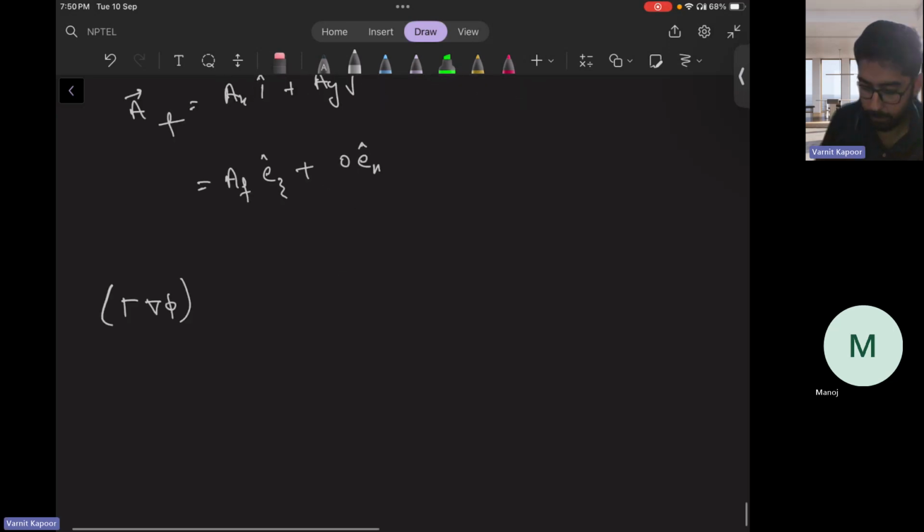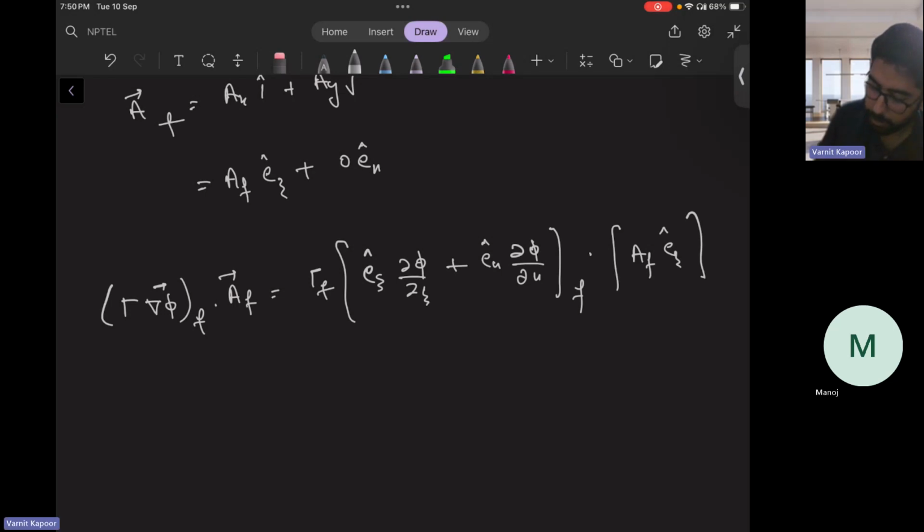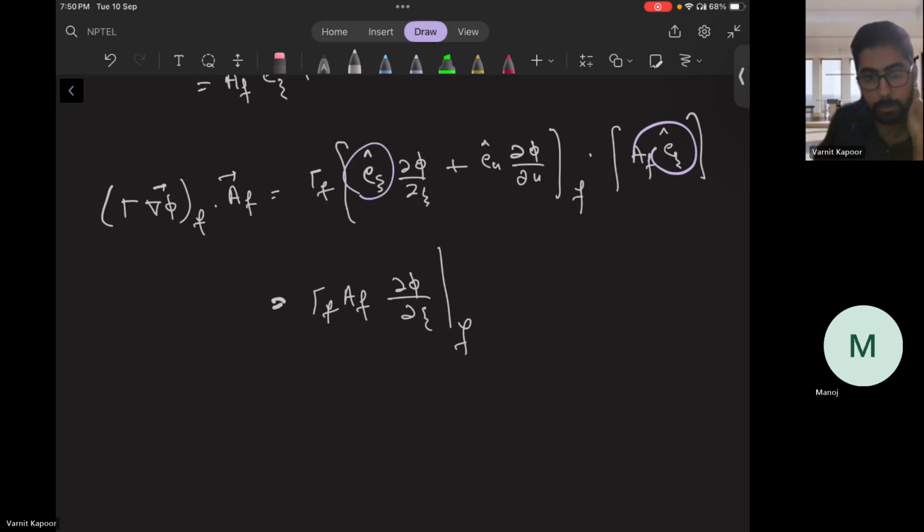So gamma grad phi dot A_f is gamma_f times the dot products: the contribution comes from the zeta dot zeta term, and the eta term dots to zero. So that is gamma_f A_f dou phi by dou zeta.